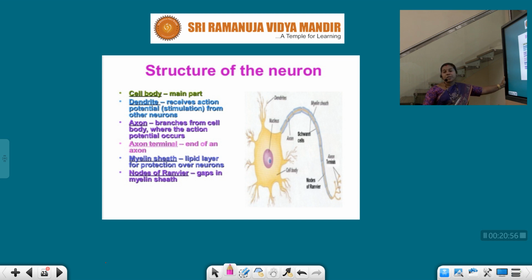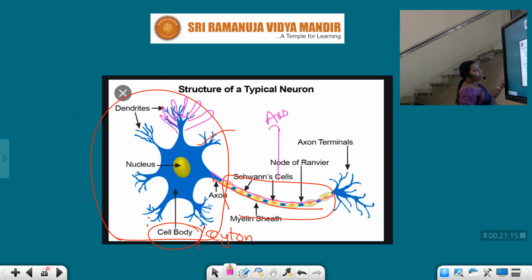So myelin, I just now explained. The axon is covered, lined by the myelin sheath, and it protects the whole neuron, and it doesn't allow the leakage of the nerve impulse from the cell to the outside. Next, draw nodes of Ranvier. See children, here I said the whole axon is surrounded by the myelin sheath, but it has some gaps.